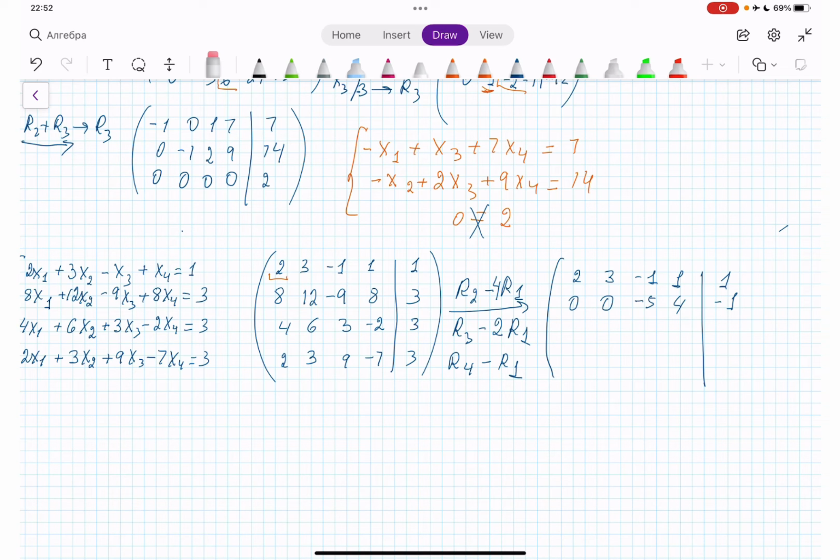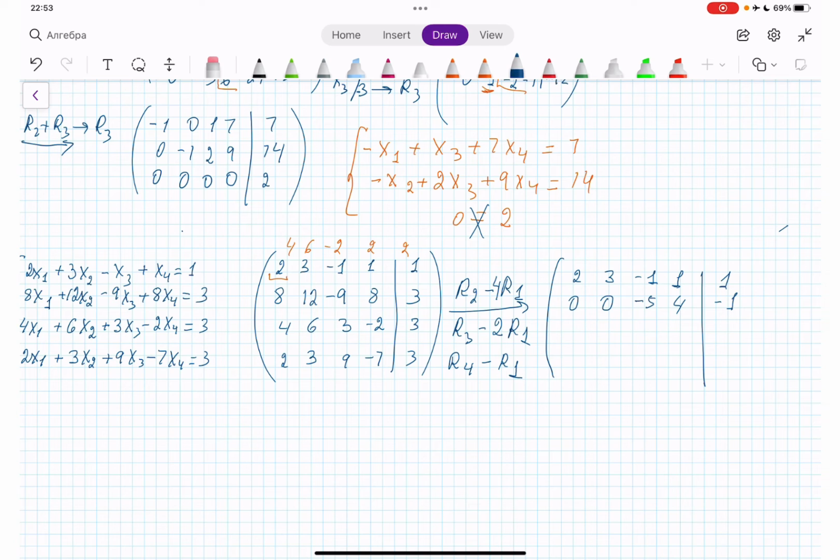Okay, so let's clean this and prepare for the next one. R3 minus 2 R1, so we need to multiply by 2 this time. It's going to be 4, 6, negative 2, 2, and 2. Okay, now we're subtracting the first line from the third one.